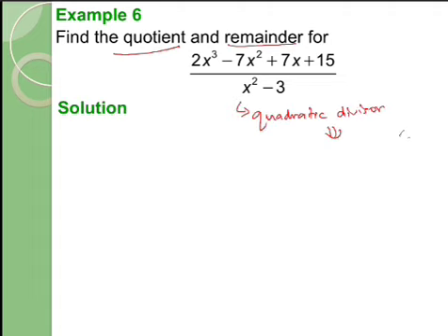Will the remainder be a linear expression or a constant? It's just 1 degree less than the divisor. So if the divisor is quadratic, so 1 degree less than the quadratic, or x power 2, is just x power 1. X power 1 is linear. So a quadratic divisor implies that we will get a linear remainder.